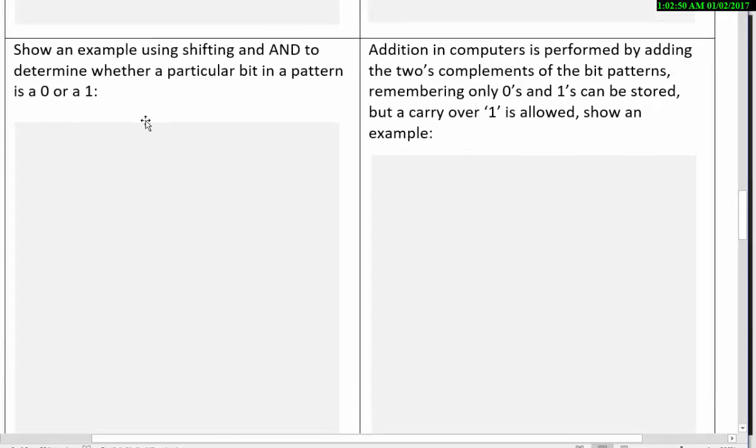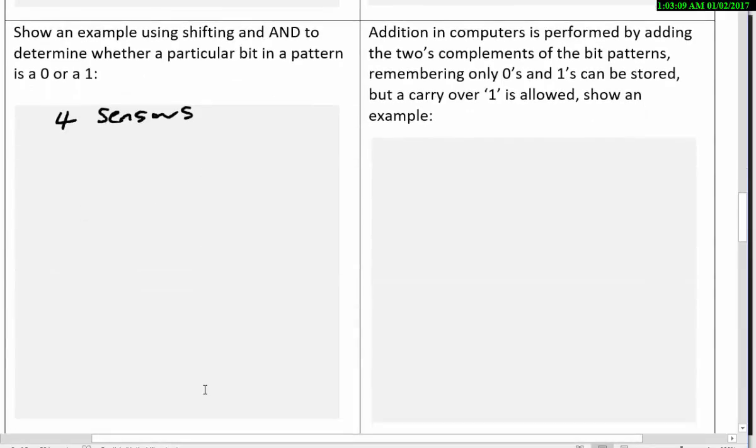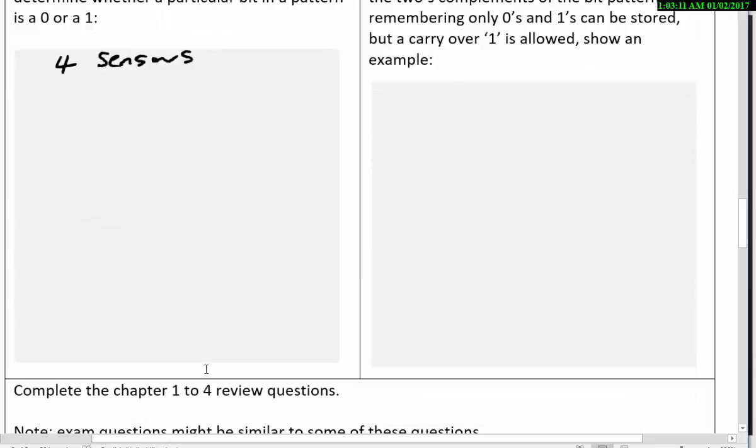Another thing that you can do with your ANDing is to show how shifting and ANDing can show whether a particular bit pattern is a 0 or a 1. It might be that you have, say, 4 sensors and you're using bits to represent the status of the sensors.